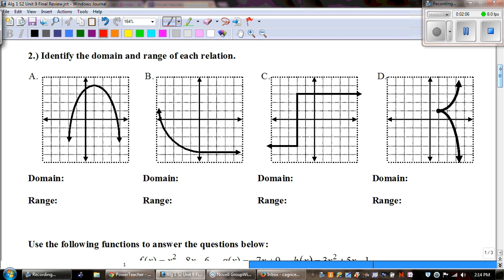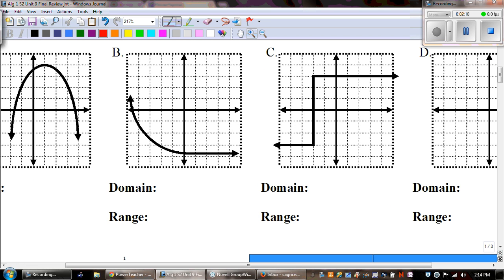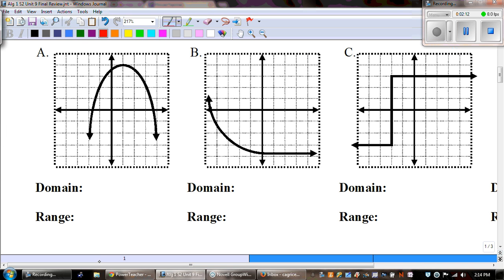All right, number 2 says to identify the domain and range of each relation. So domain, if we remember, is our x values, and the range is our y values. So let's take a look at it.